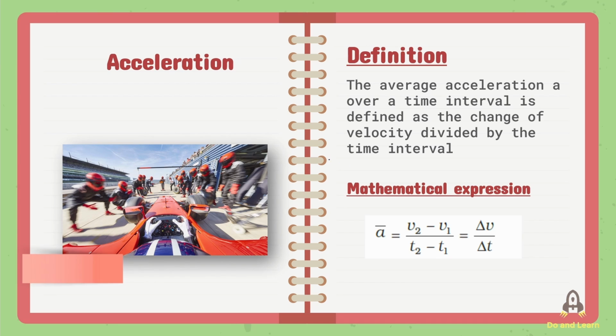Suppose the velocity of an object is v1 at a particular point, then it changes to v2 during the time interval t1 to t2. So we calculate the difference between the velocities divided by the change in time. Simple: change in velocity divided by time taken. That is called acceleration.